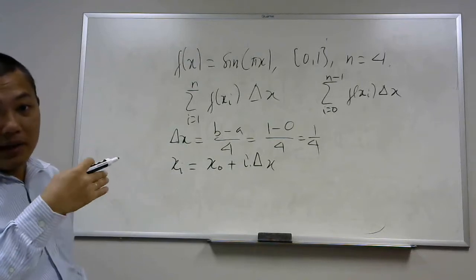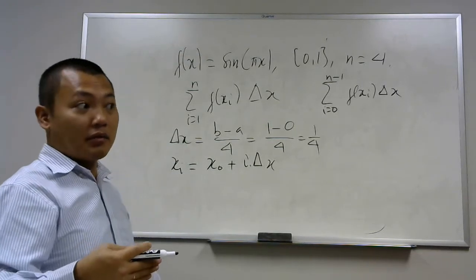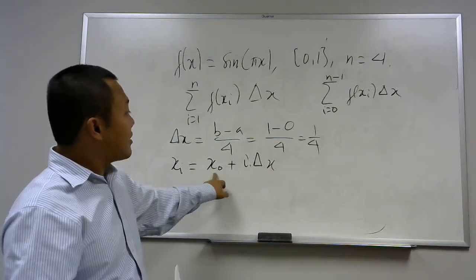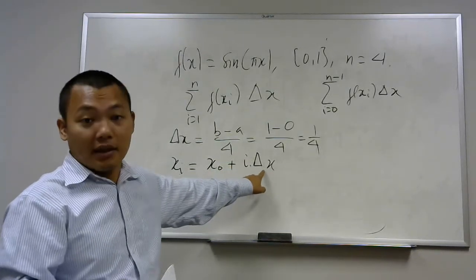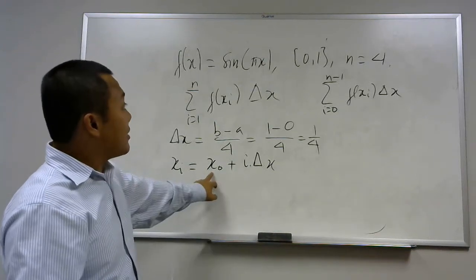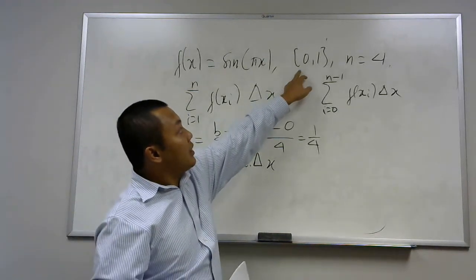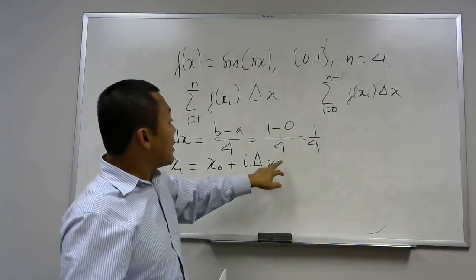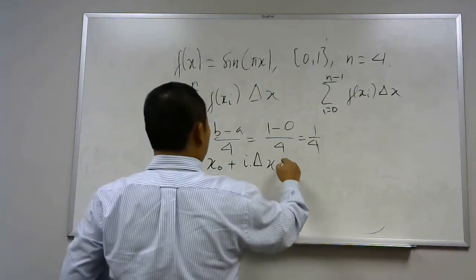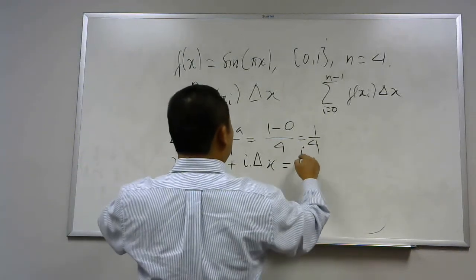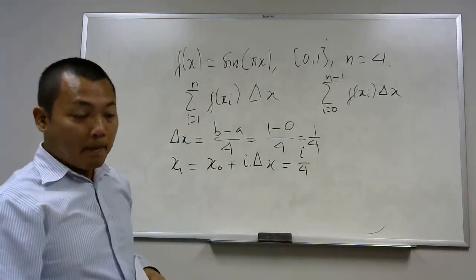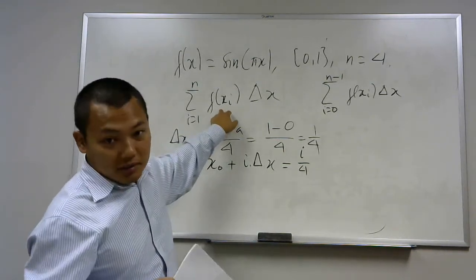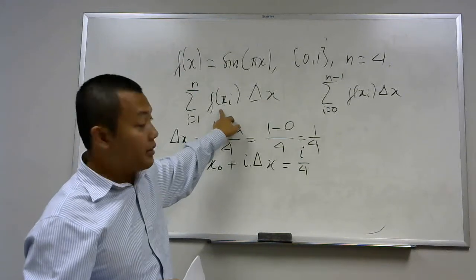So if we go from x0 to xi, that means we realize i steps, right? And the length is equal to x0 plus i times delta x. X0 in this case is 0 because we consider interval 0 to 1. So x0 is 0, delta x is 1/4. Overall xi is equal to i over 4. Alright? And now we plug all these xi's into one of these formulas to estimate the definite integral.